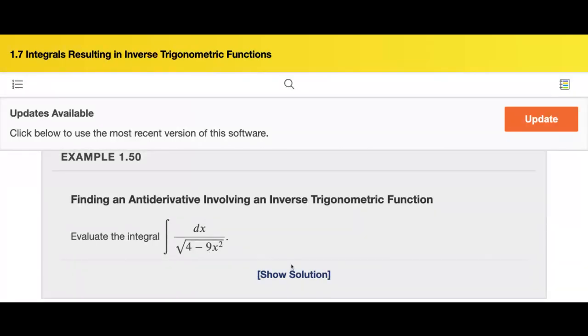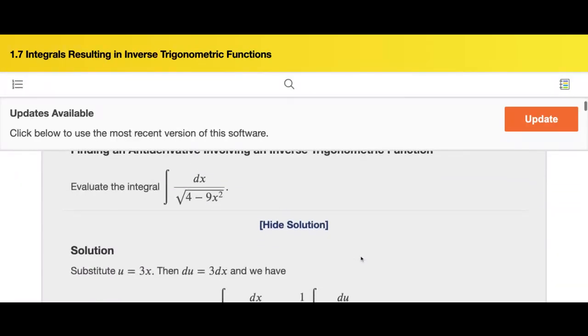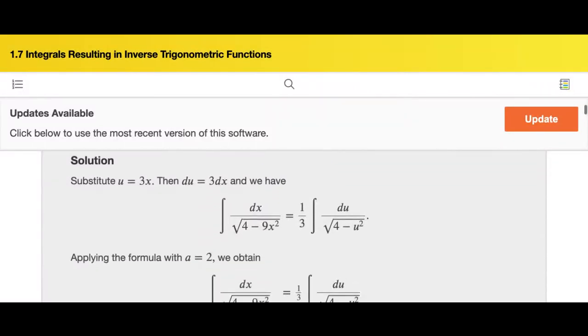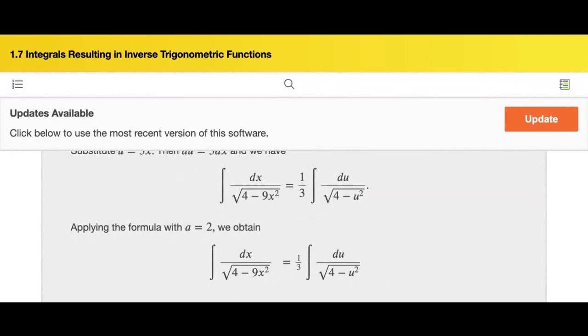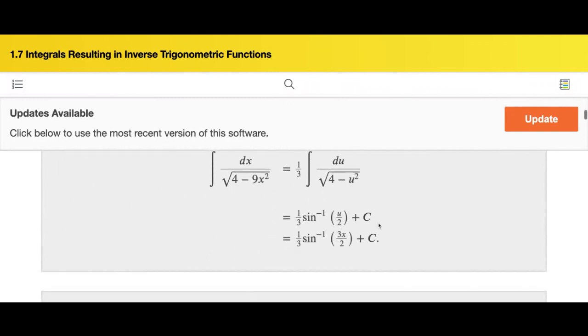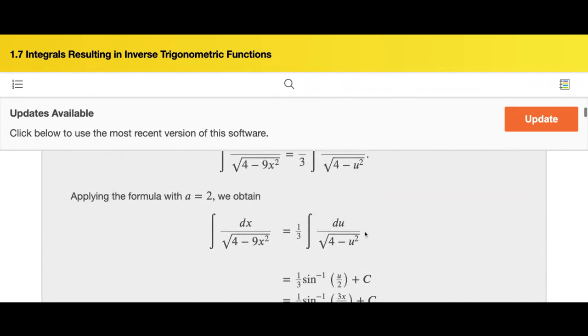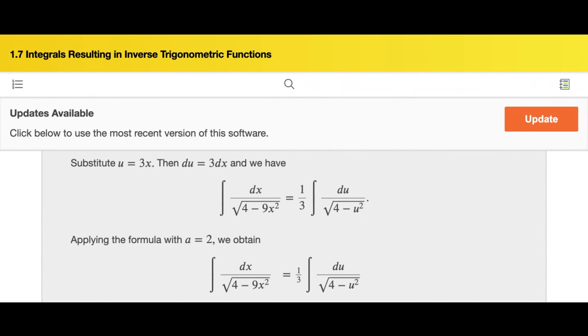So u is 3x. So we have 2 squared minus (3x) squared, so 2 squared minus u squared.